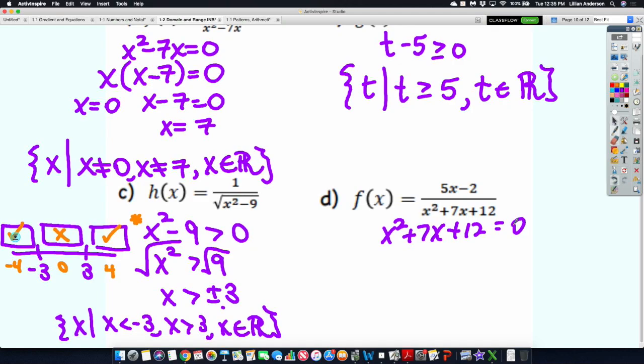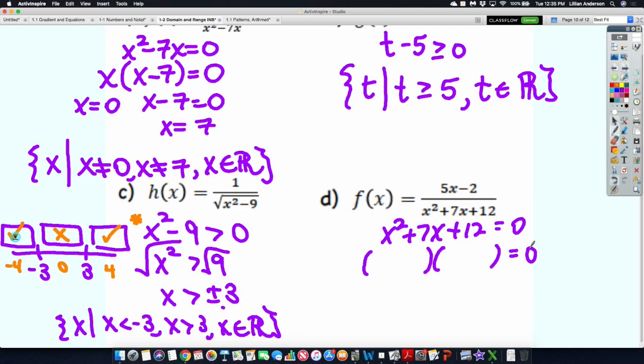No. So it's the old school two parentheses, and you ask yourself, what two numbers multiply to give me the C, the 12, and add together to give me the B, the 7?